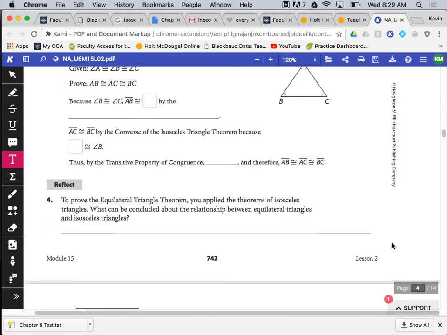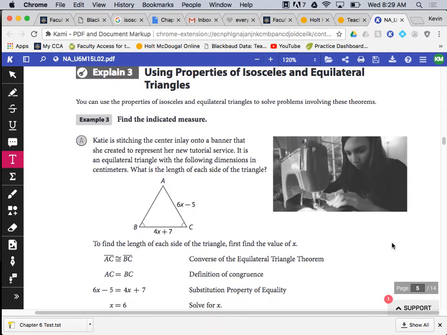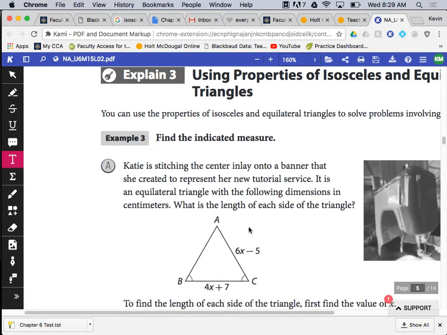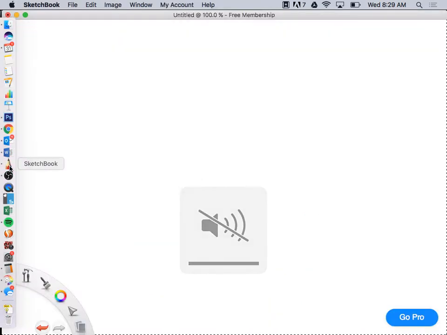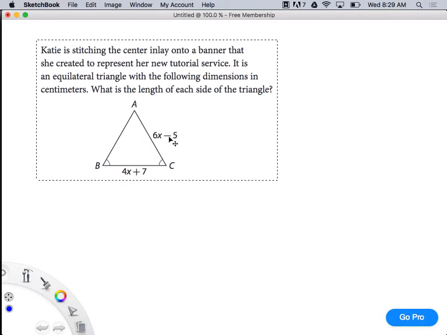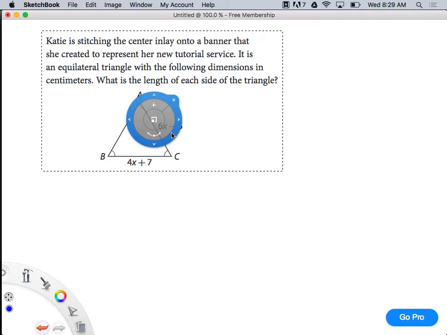So with that said, let's go ahead and do an example. So everybody turn to page 743. So here we've got a word problem.